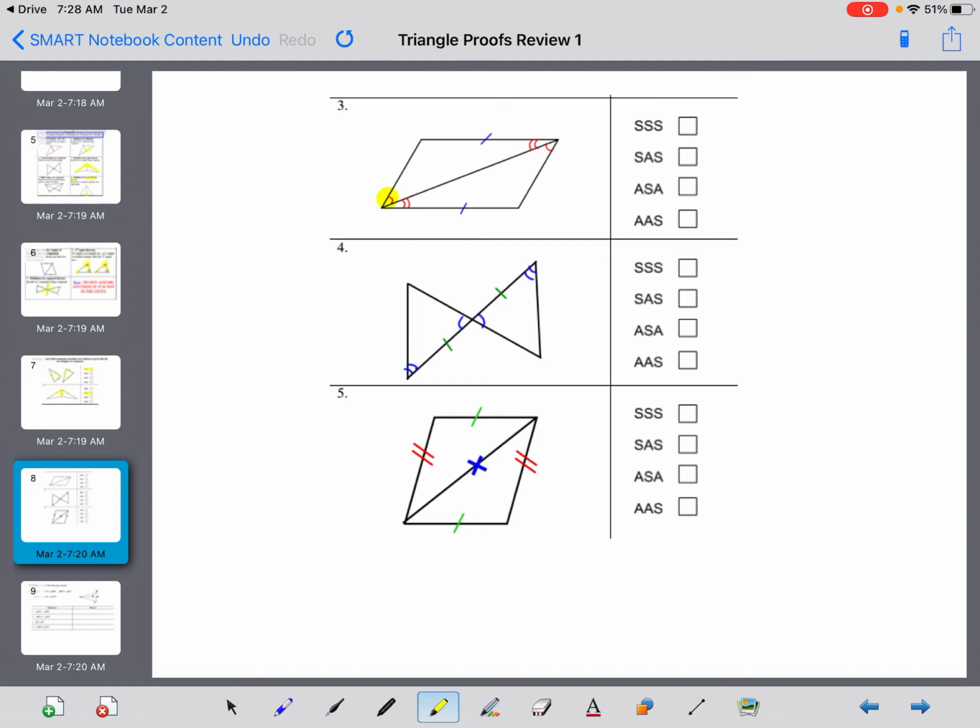Okay, here we have an angle followed by an angle followed by a side. An angle followed by an angle followed by a side. Angle, angle, side. Number 4, we have an angle, a side, and an angle, and it mirrors on the other. Angle, side, angle. Number 5, we have 3 sides congruent to 3 sides. Side, side, side.